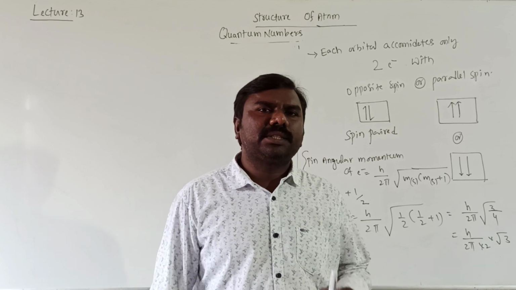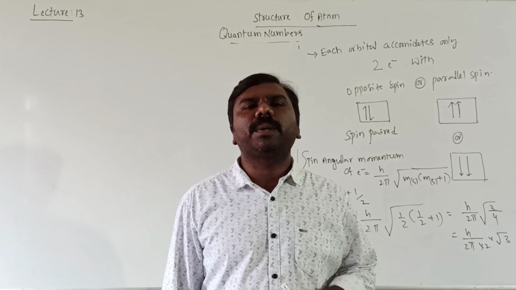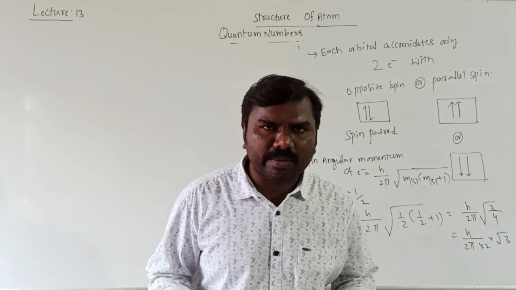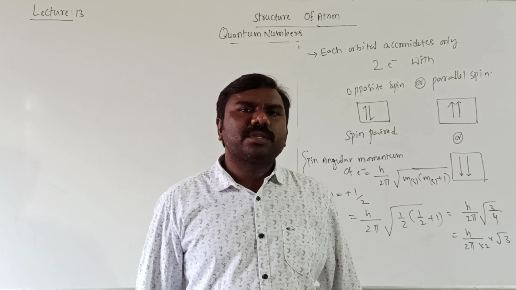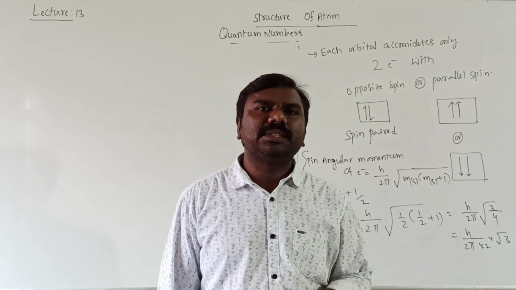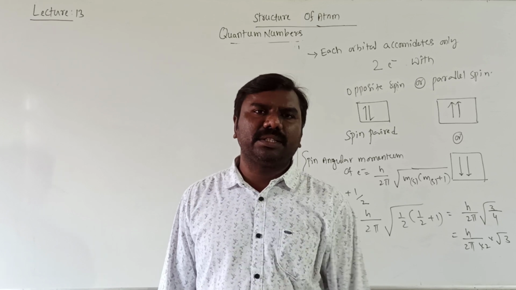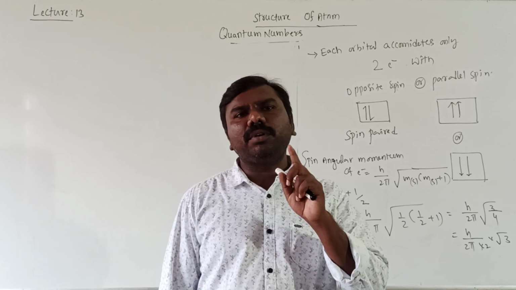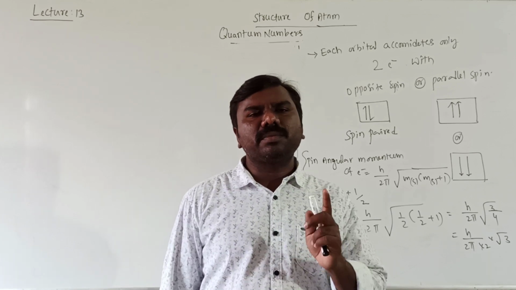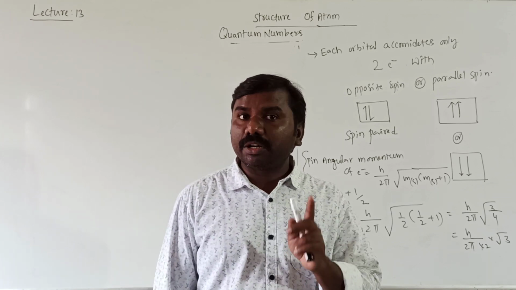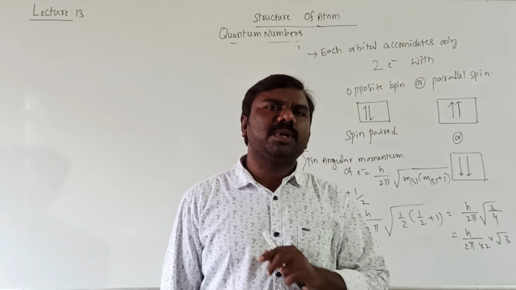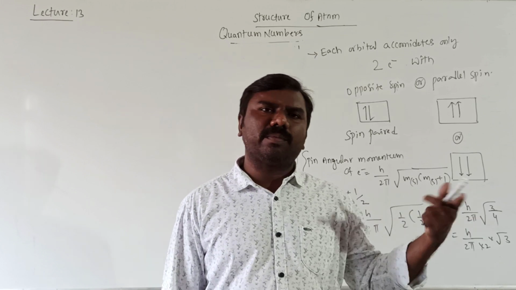Next, m means magnetic quantum number, indicating the possible orientations, nothing but the number of orbitals in a subshell. So m value depends upon L value, that is minus L, 0, plus L. L value 2 means minus 2 to plus 2. L value 3 means minus 3 to plus 3, but not minus 4. Understood or not? Next, s means spin, that must be plus half or minus half.